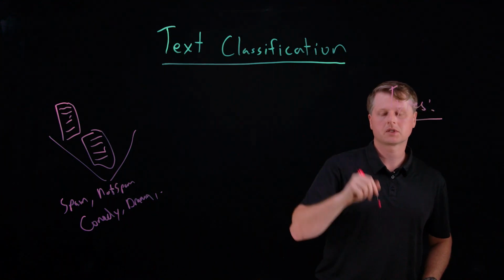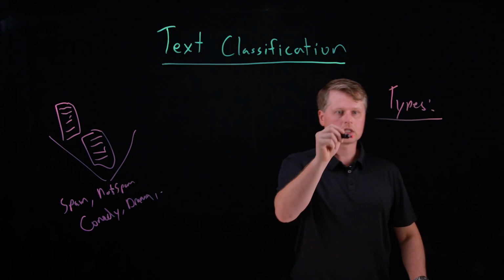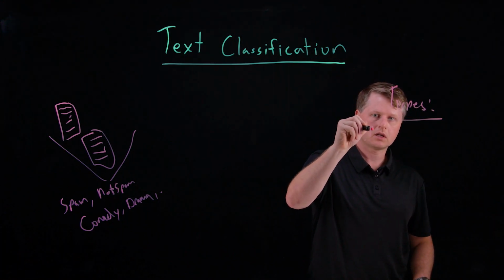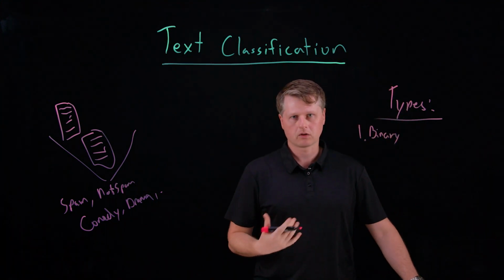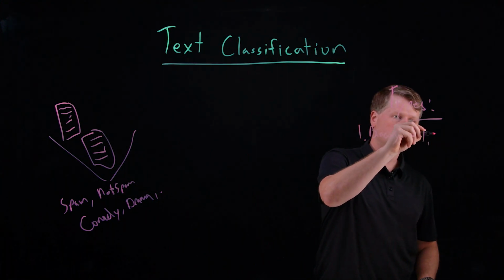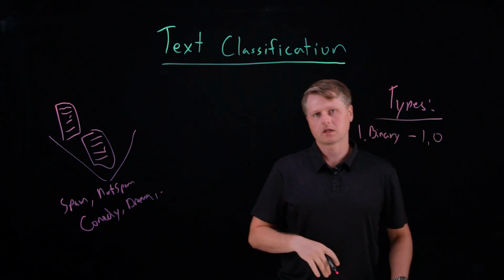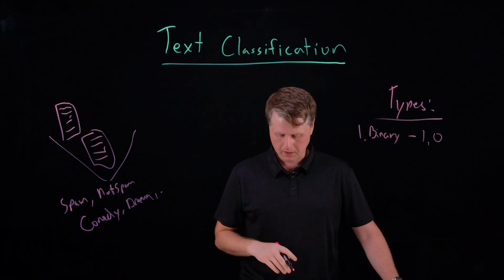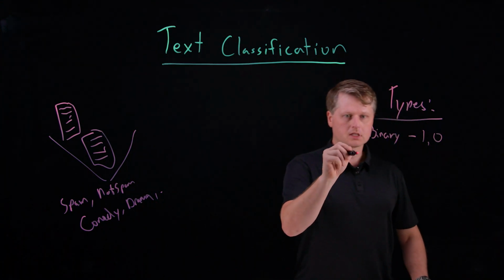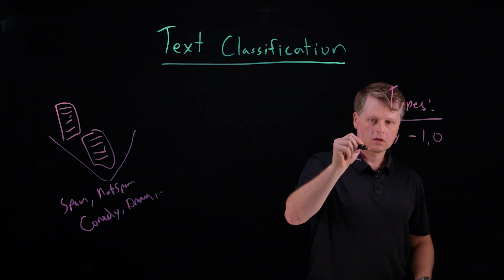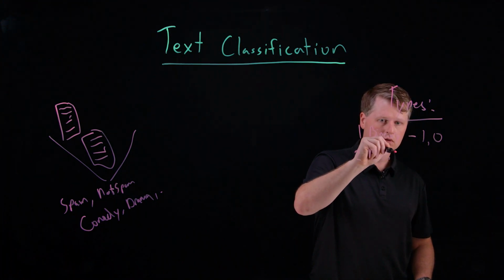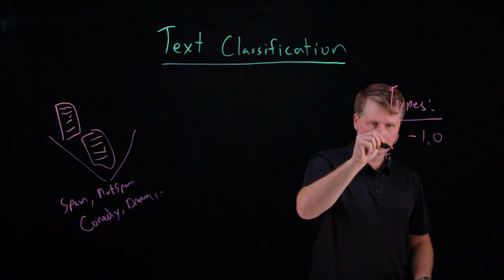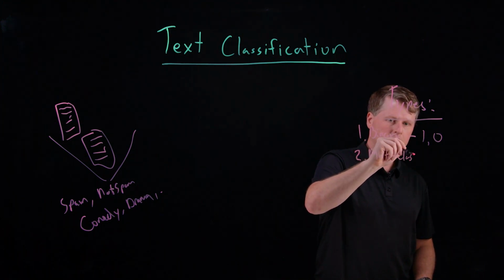There's three major types, starting with the least complex, binary classification. That can be expressed as either a 1 or a 0, or in the email example, spam versus not spam. The second is multi-class classification.